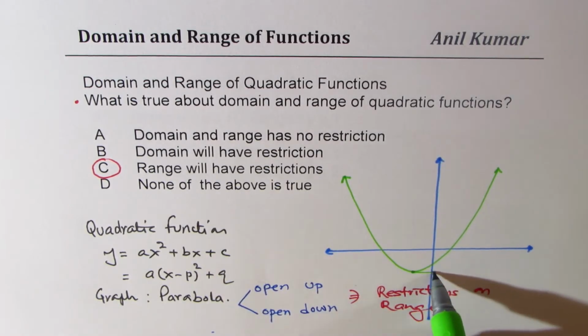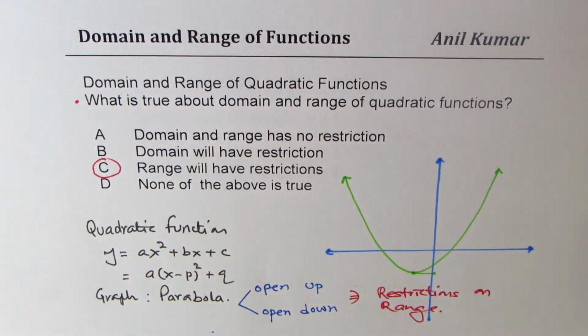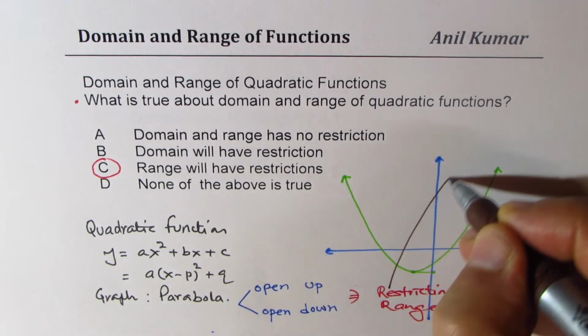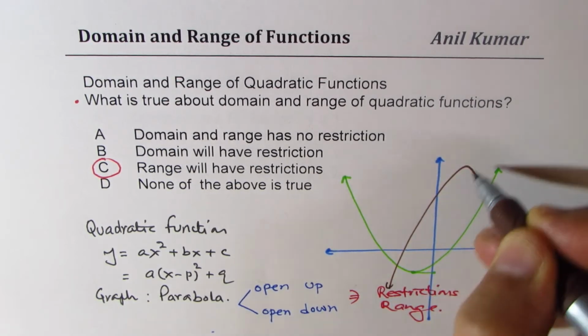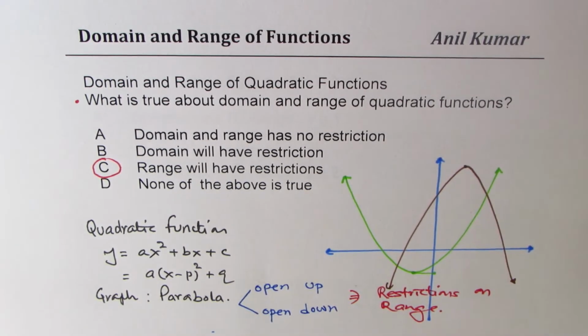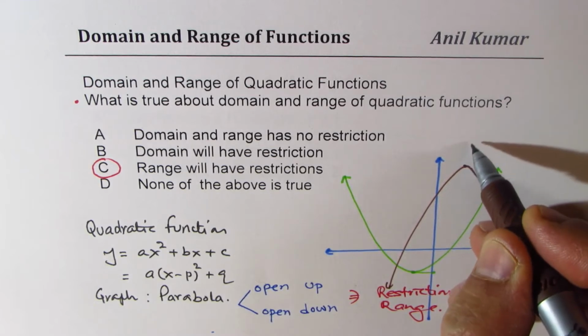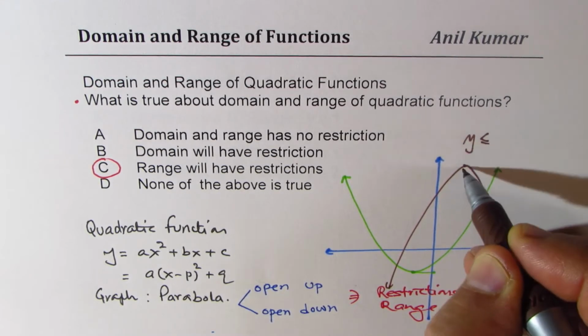In this case, that is the absolute minimum, so it is y greater than or equal to this value. Or you could have a graph like this, which will have an absolute maximum. So in this case, we'll say y is less than or equal to this value.